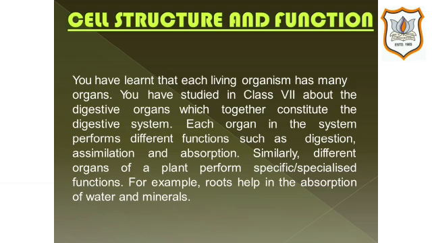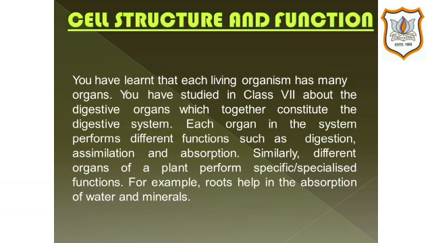For example, human being is an organism and each living organism like the human being is made up of many different organ systems like digestive system, respiratory system, circulatory system, nervous system, excretory system, reproductive system, muscular system and skeleton system. Each organ in the system performs different functions such as digestion, assimilation and absorption that you must have studied in your class 7th.